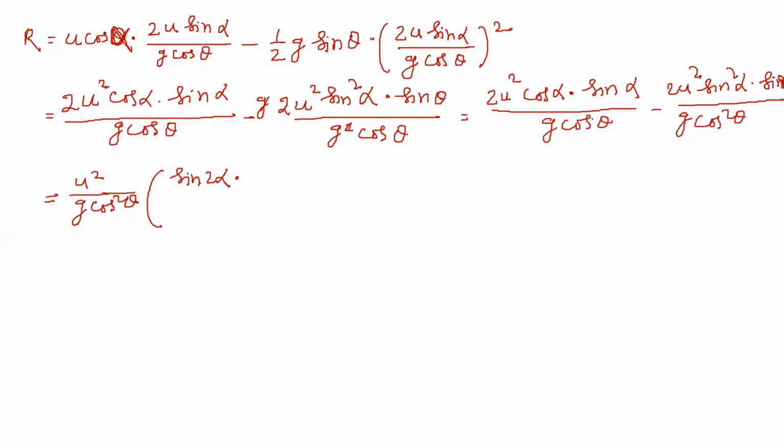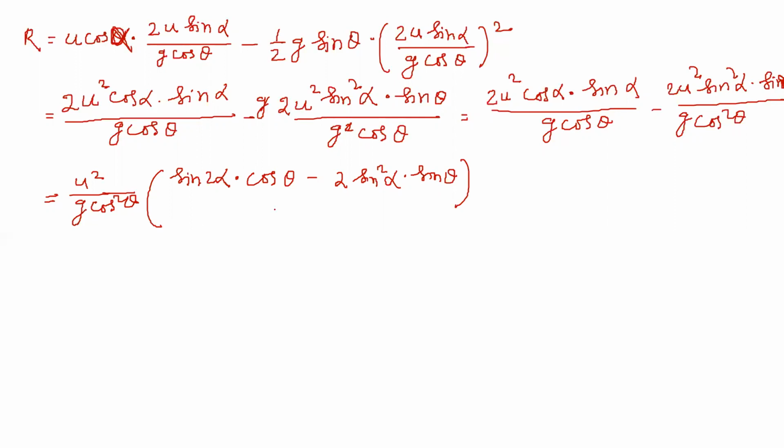But this was cos theta, so above I had to multiply one more cos theta, and below one more cos theta, then I can take cos square theta common. So only cos theta is multiplied in the numerator: sin 2 alpha into cos theta minus. Here also I took common 2 sin square alpha into sin theta; it remained in its place, the rest is taken common.